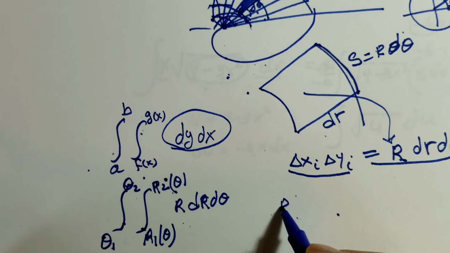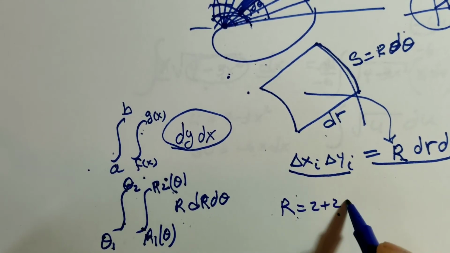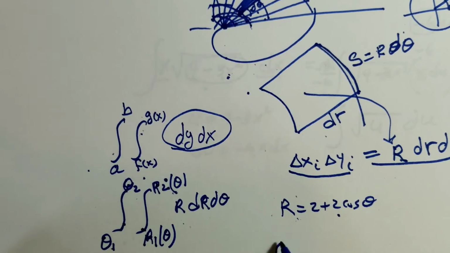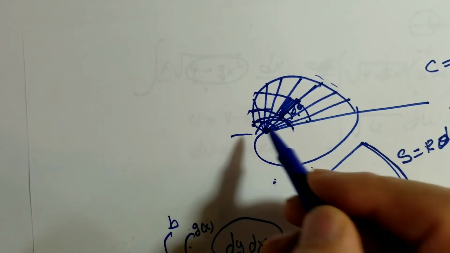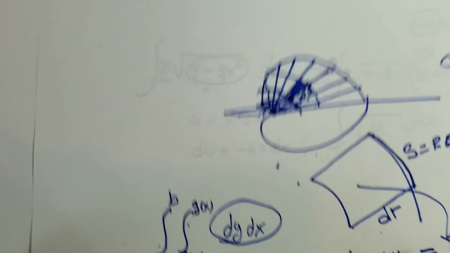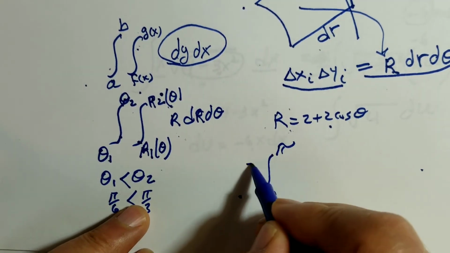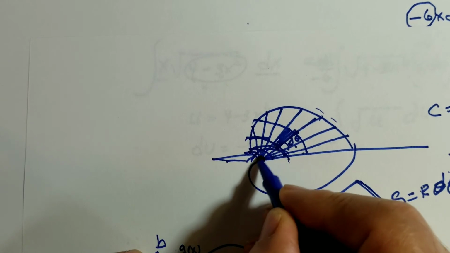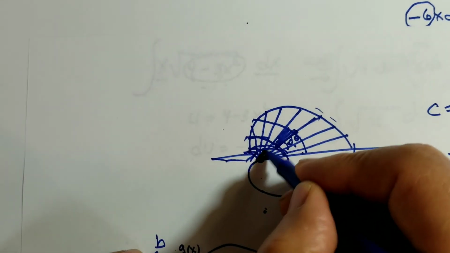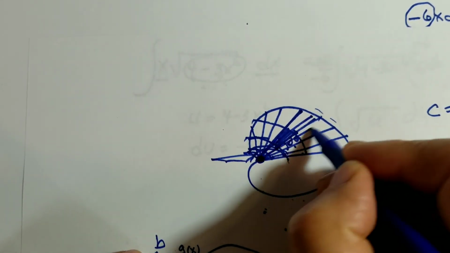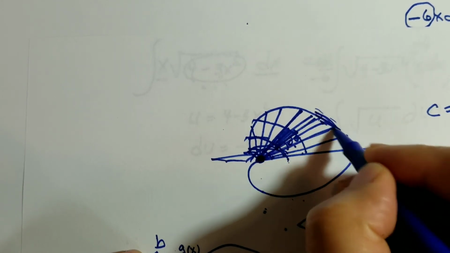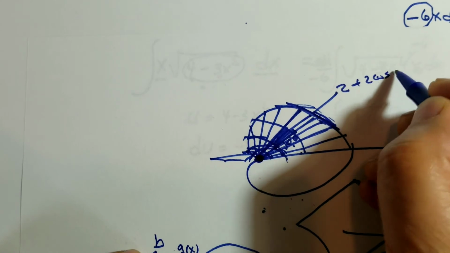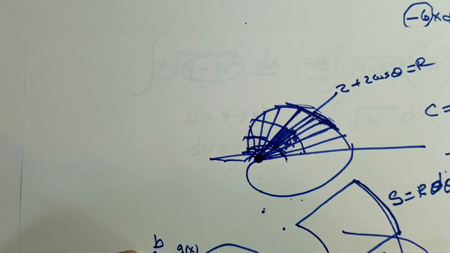Let's do this right here, which was my cardioid. The equation of my cardioid was 2 plus 2 cosine theta. I want to go from 0 to pi because at that point I have a cusp. Whatever my answer is, I'm going to double it. But the smallest radius is 0. And the biggest radius is my boundary right here. And that boundary was produced by this. And that's your r.